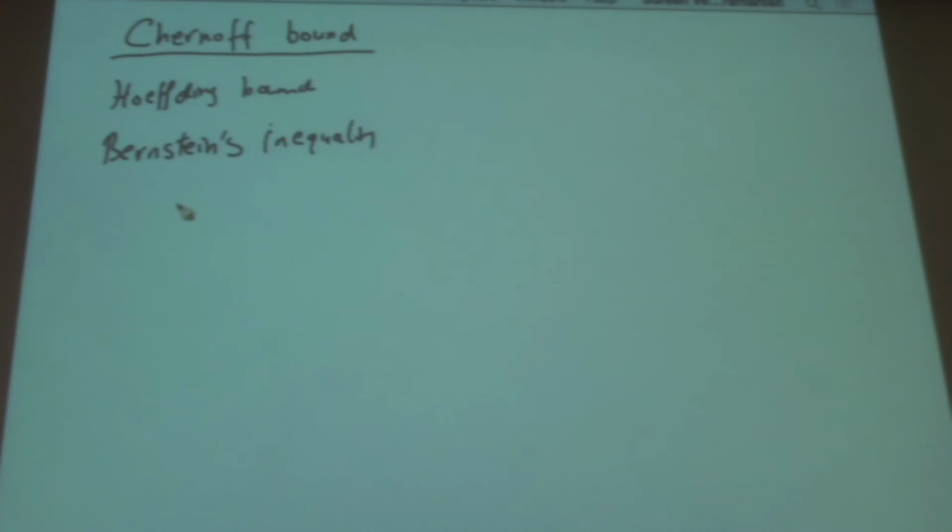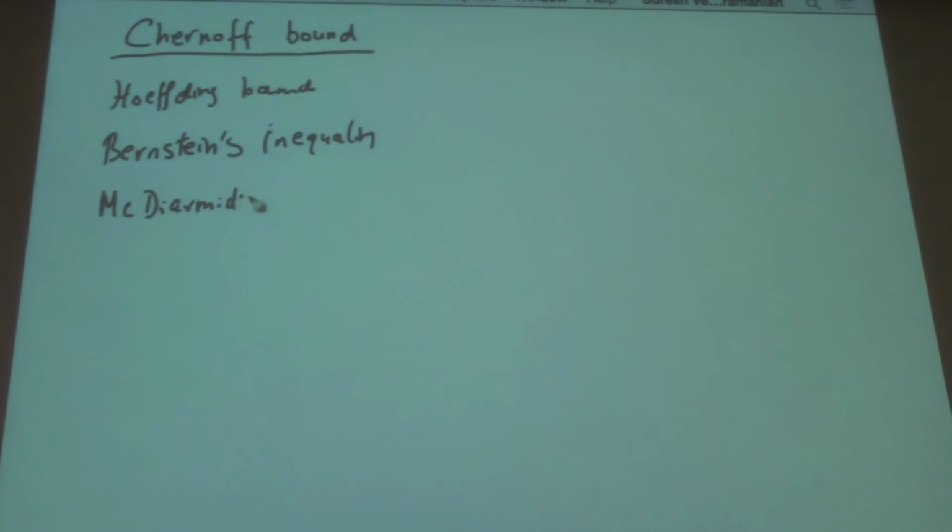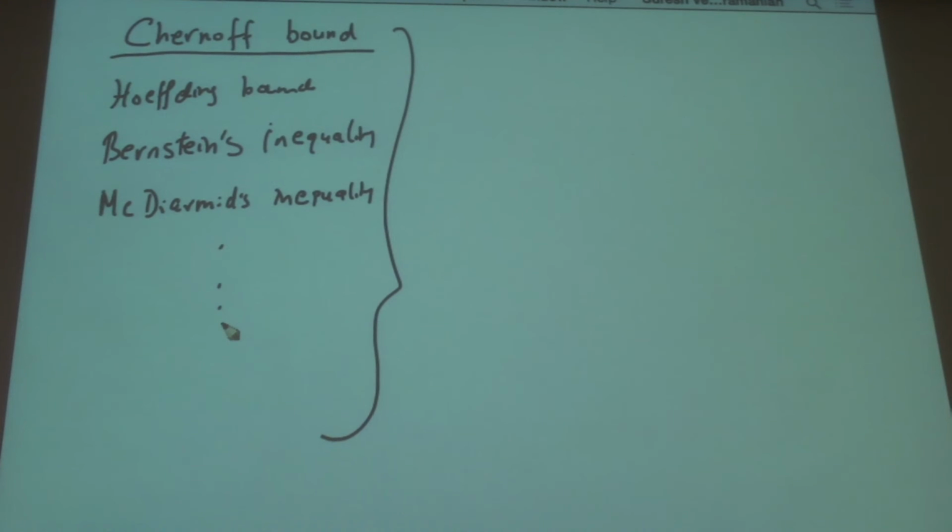Then there's another one that's called McDiarmid's inequality. And there's a whole host of bounds of this kind. There's a whole book on this, in fact, that talks about very strong bounds you can get under independence assumptions of data. Okay? And they all have the same flavor, and we'll see that in a second.